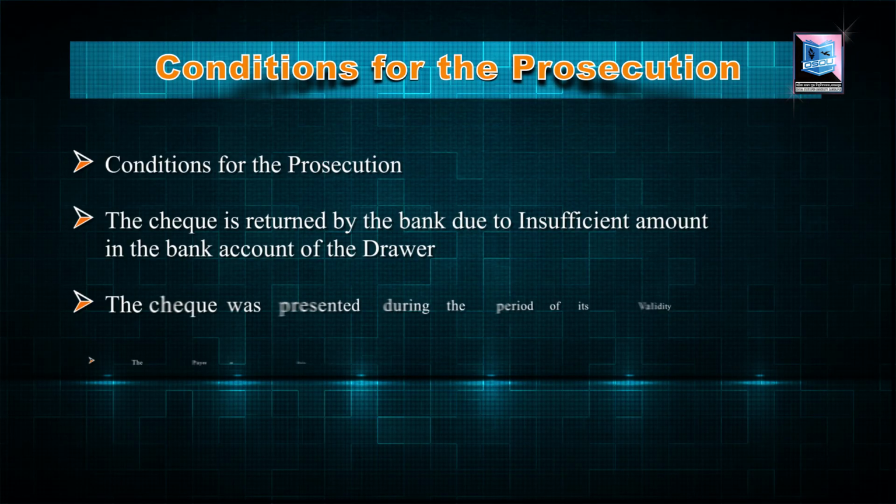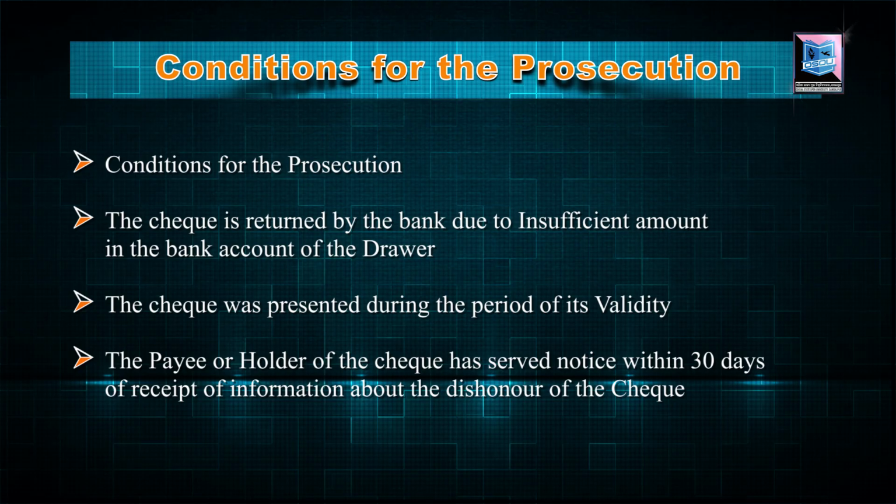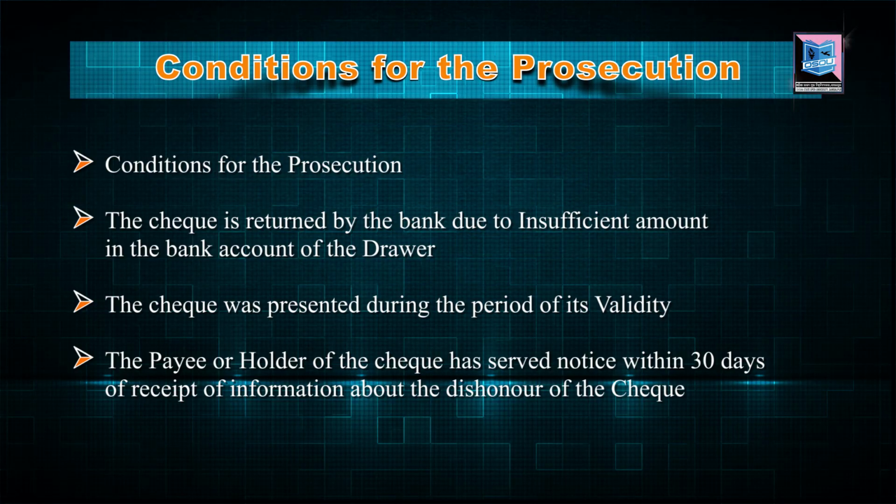There are three parties in the case of a check. The check is returned by the bank due to insufficient amount in the bank account of the drawer. The check was presented during the period of its validity. The period of validity for the check is 3 months, as provided by the Reserve Bank of India, from the date mentioned on the check. The check needs to be presented within that duration only.